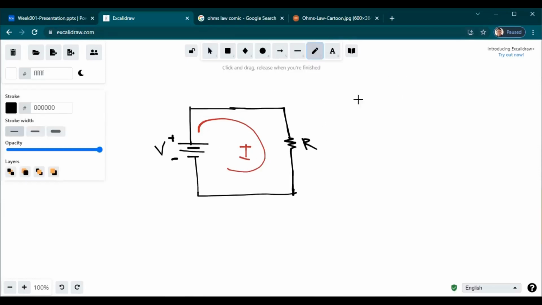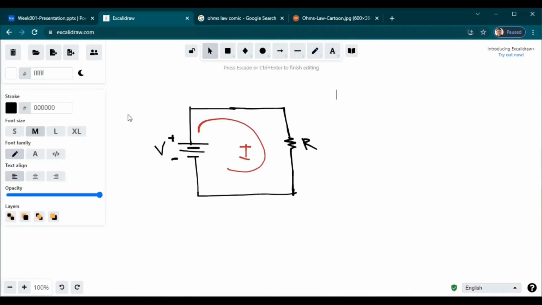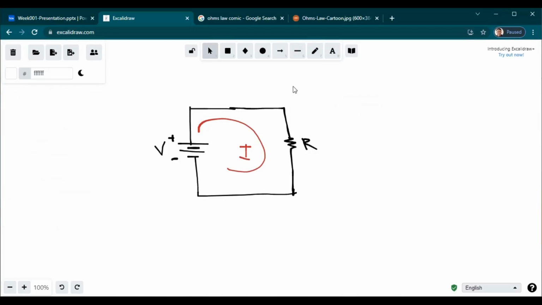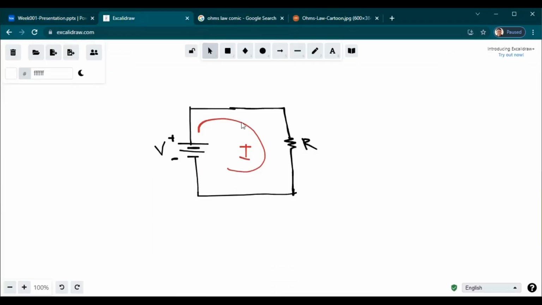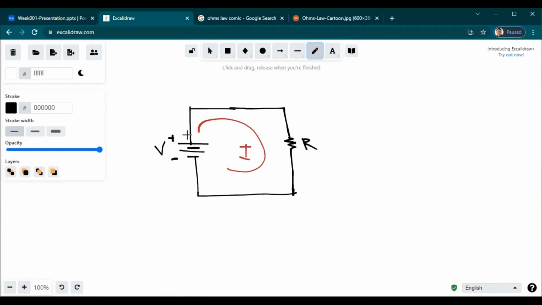We have two types of sign convention. In the case of our circuit, for example, this is the direction of the current.